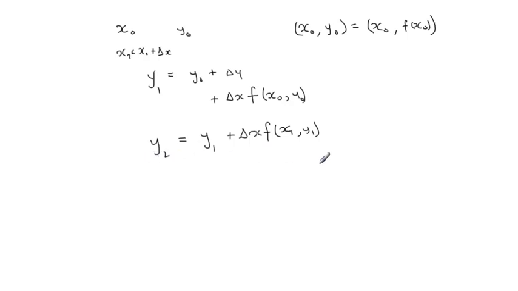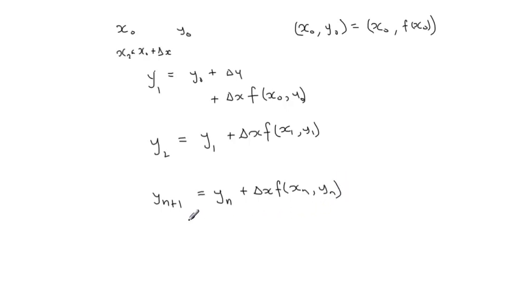Continuing this process, when we get to the nth value, let's say n plus 1, we basically need the nth value plus the increment in x multiplied by f evaluated at xn comma yn.